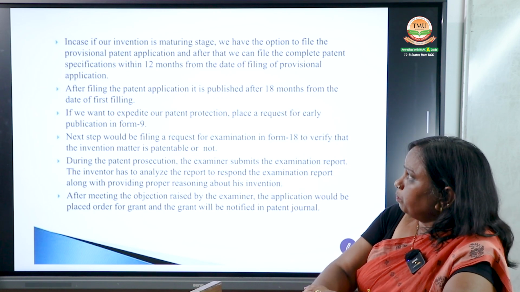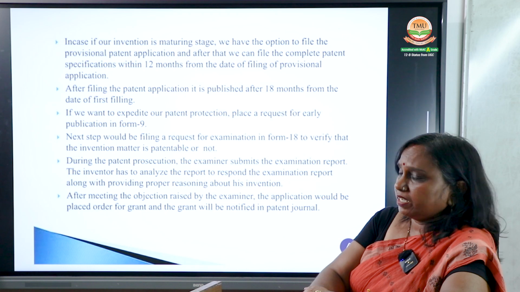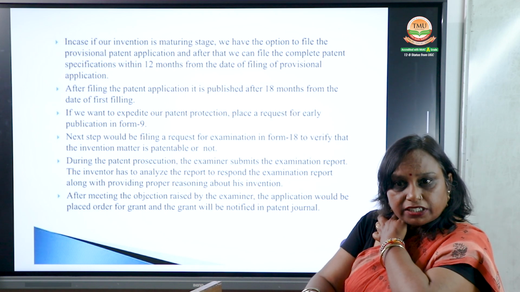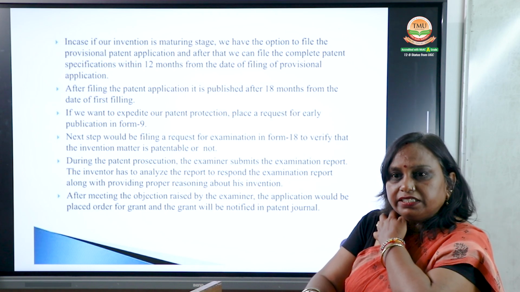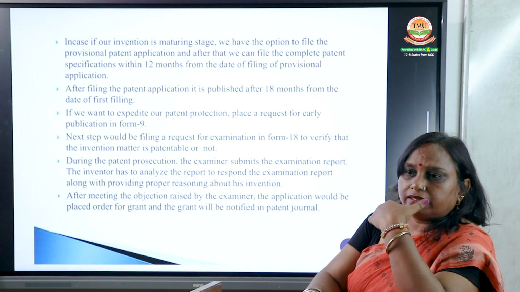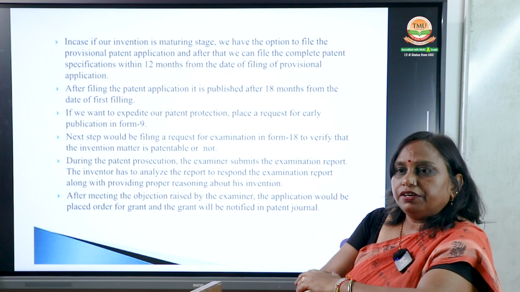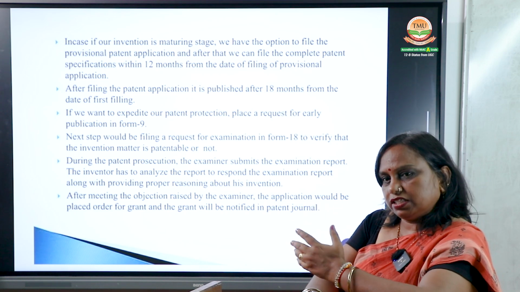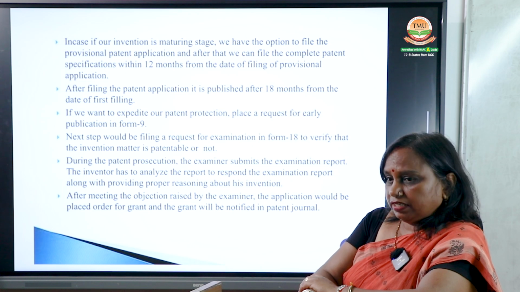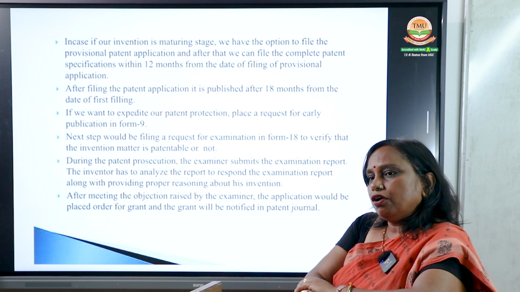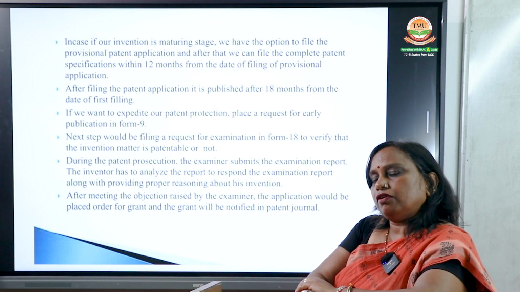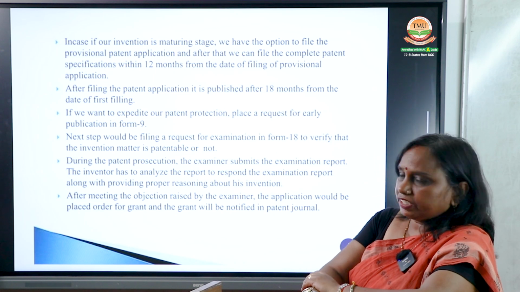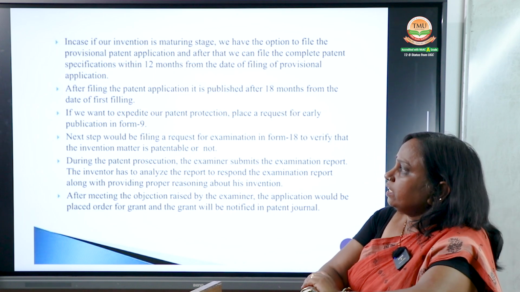This is very important, as it is published in the patent journal so that the public can get knowledge and awareness about such an invention, and it gives them the opportunity to raise any opposition or any kind of objection related to that particular invention.